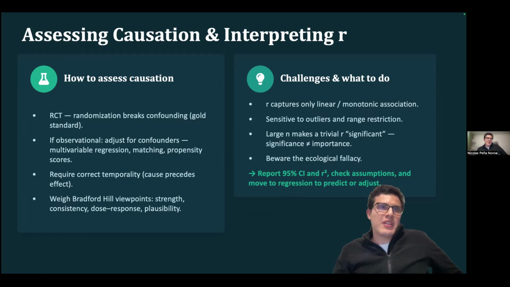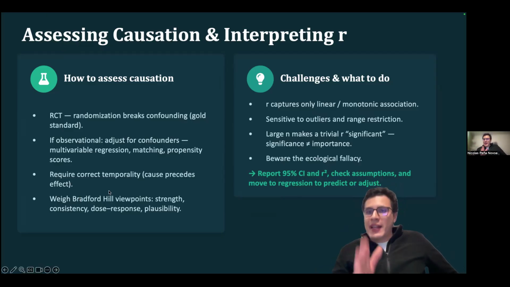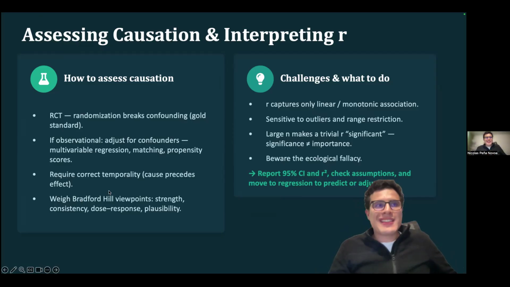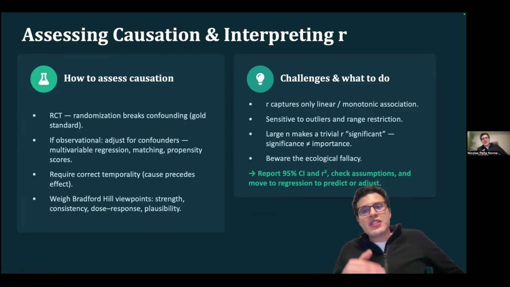For example, in observational studies you can adjust for confounders with multivariable regression, matching, and propensity scores, as we saw in the last sessions. And the most important thing is that it requires temporality. Correlation is usually found in a cross-sectional study, where you don't have temporality, you have only one time point in the whole study.